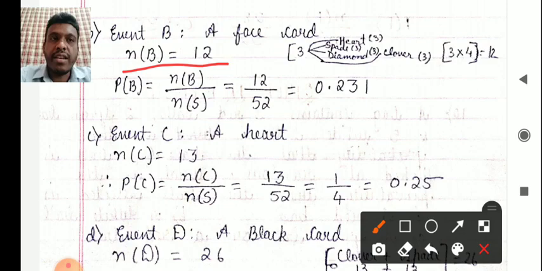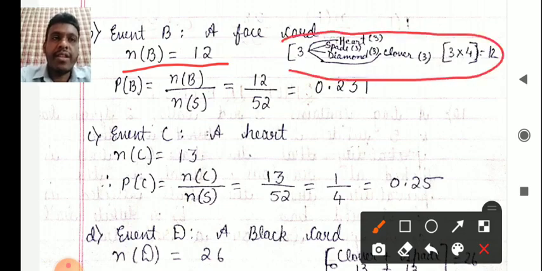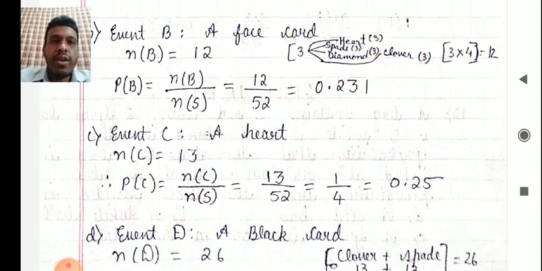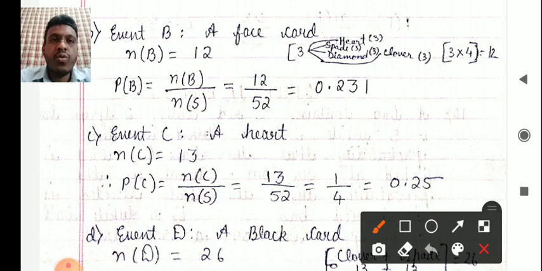We have 3 in heart, 3 in spade, 3 in diamond, and 3 in clover. So total 3 into 4 is 12. So this is how we have 12 face cards. So n of B is 12, we know.